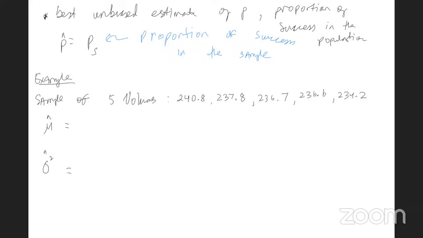Just want to get the method to answer. Remember, you're really finding x bar, which is the sum of x over n. So you're adding up all the values, 240.8 plus 237.8, all over 5.